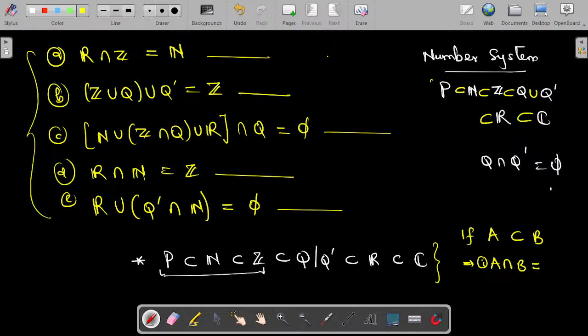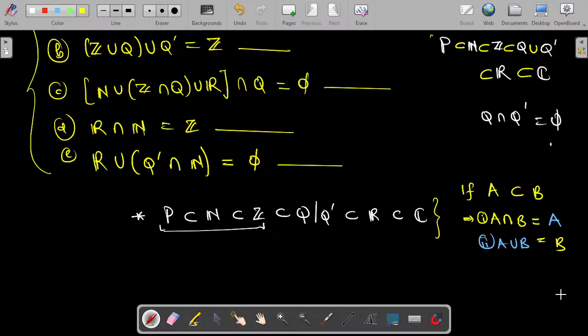Don't bother checking their elements. Once you're told that A is inside B, their intersection will always be A, and their union will always be the bigger one. So their intersection is always the smaller one, their union is always the bigger one. Take note of that, because that's exactly what we are going to use in answering these questions.